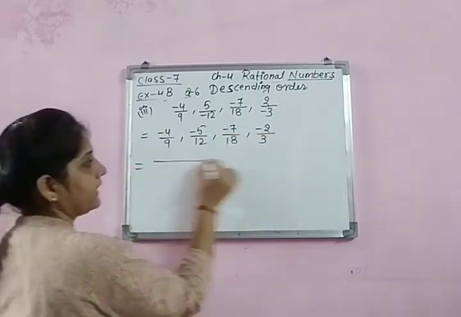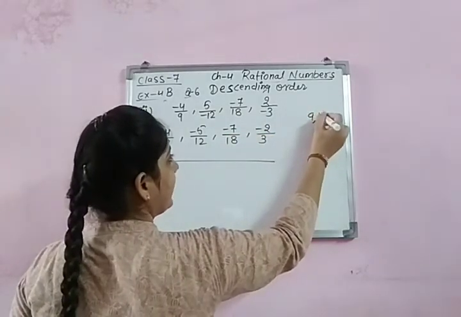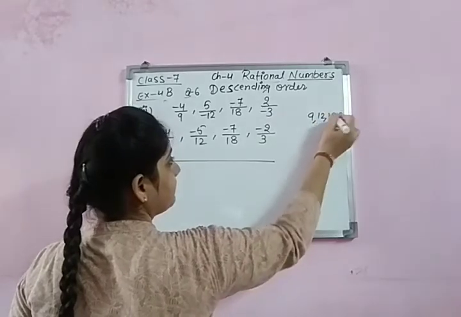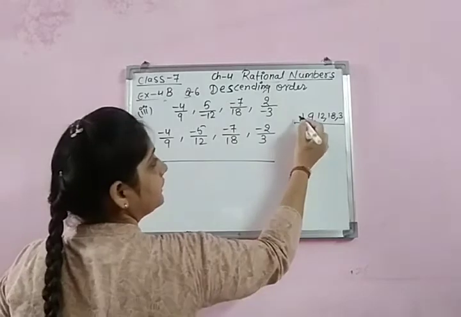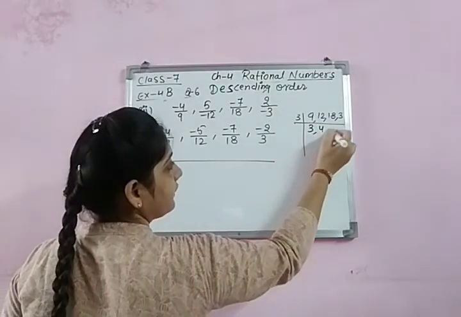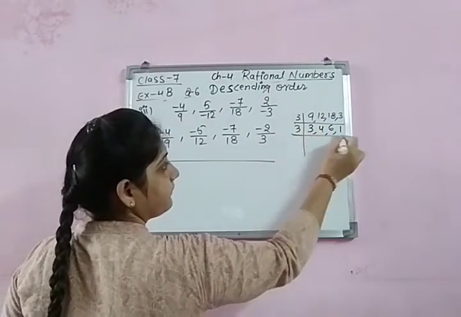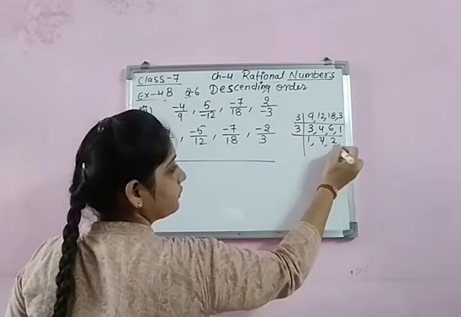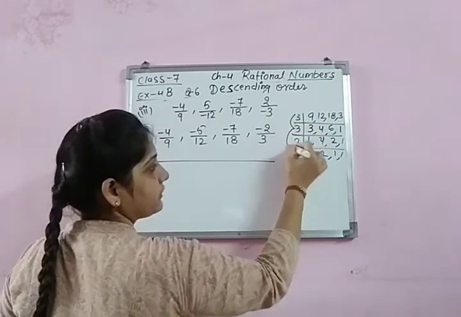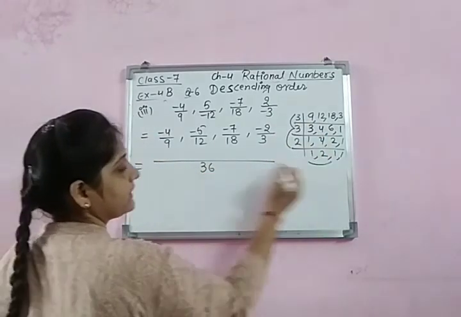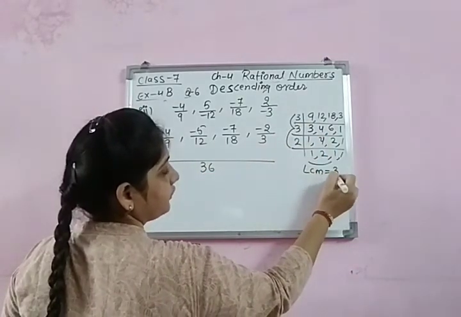Now take the LCM. When we take the LCM of these numbers, please take the LCM of the denominators, not the numerators. 3 3s are 9, 3 4s are 12, 3 6s are 18, one time. 1, 2 and 1. Again by 2. 3 3s are 9, 2s are 18, 2s are 36 is the LCM. Okay.